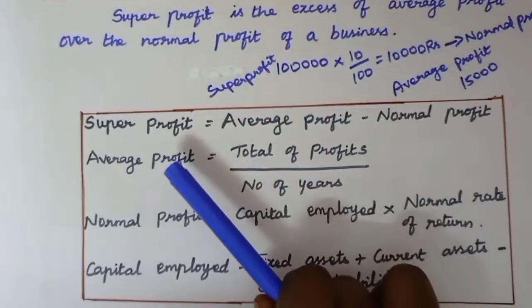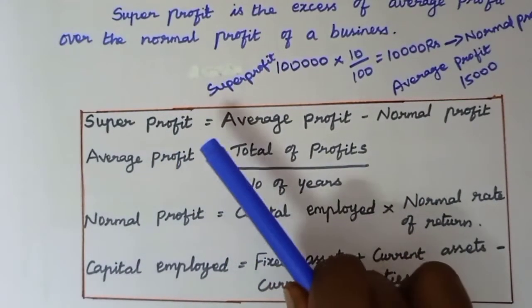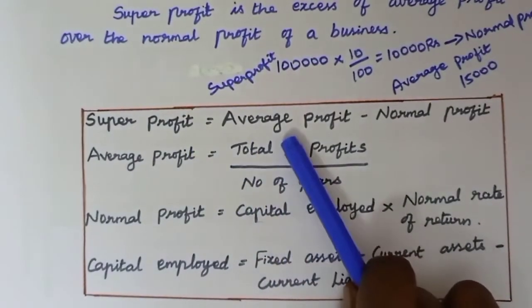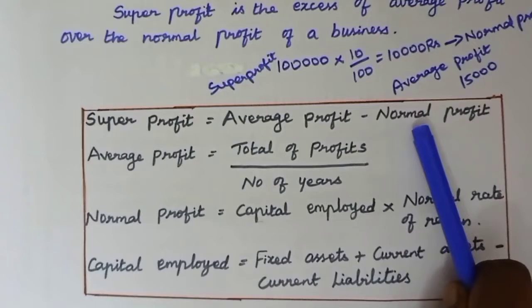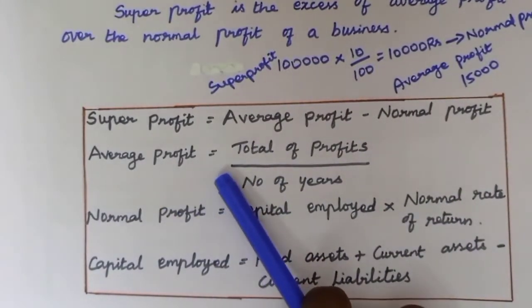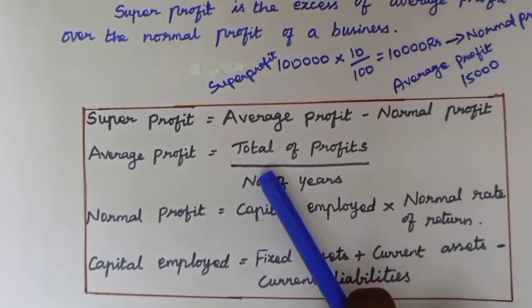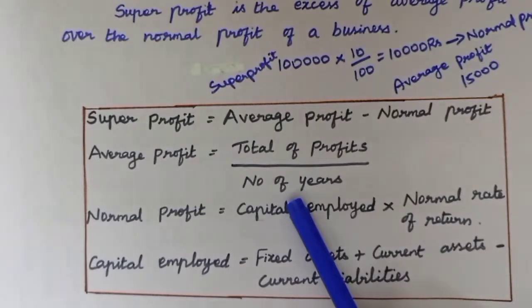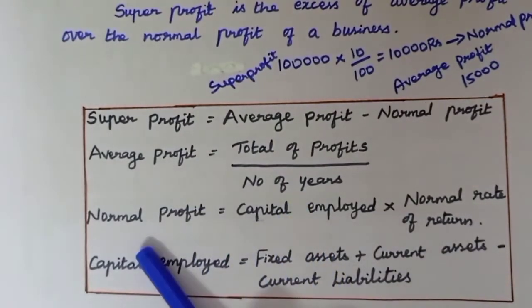Now we will see the formula to determine super profit. Super profit is equal to average profit minus normal profit. What is average profit? Average profit is calculated by dividing the total of profits by the number of years. Next, normal profit.